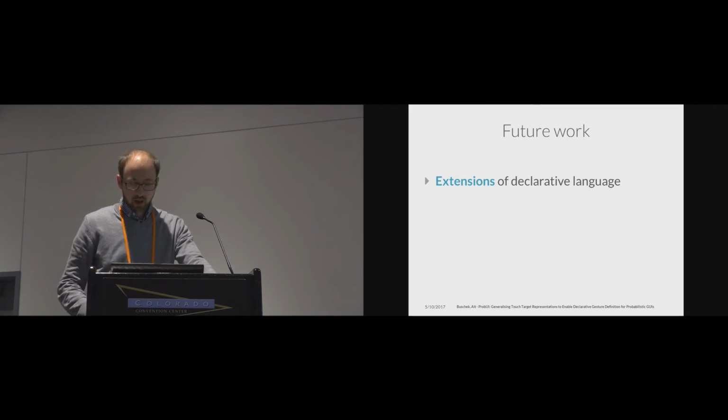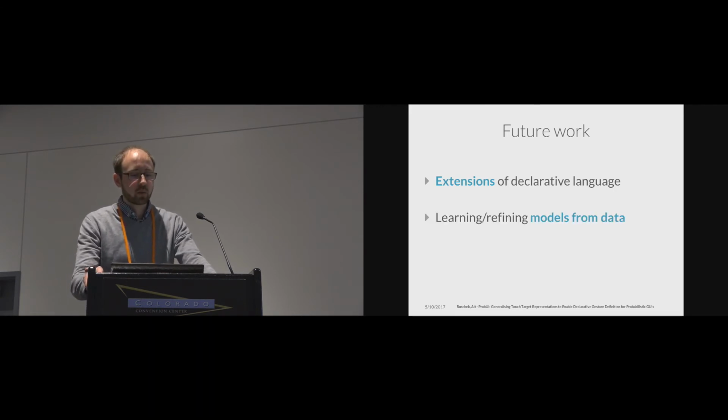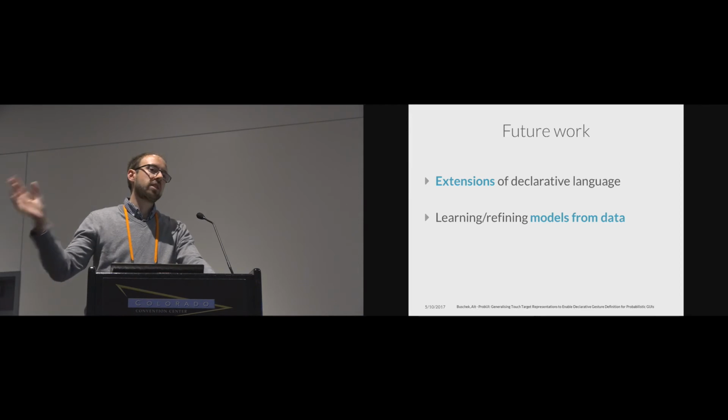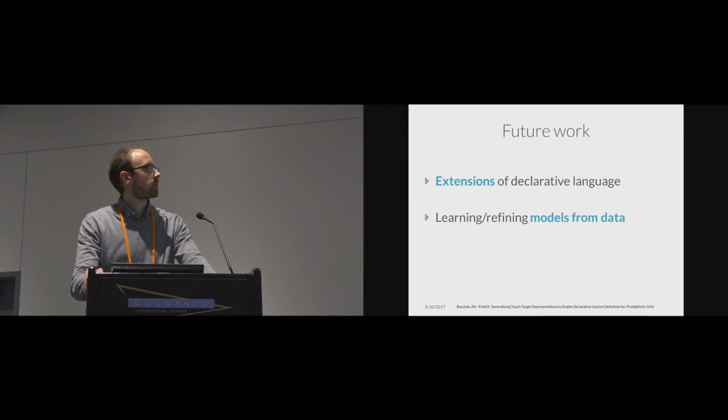For future work, we could, of course, try to extend the declarative language with additional operators and so on. I think what's more interesting is to think about how we could learn or refine models from data. So take all of that and use it as a prior to specify the interface and its behavior in the beginning. And then similar to adaptive keyboard, as the user keeps on using the interface, you could retrain and refine the models from data.